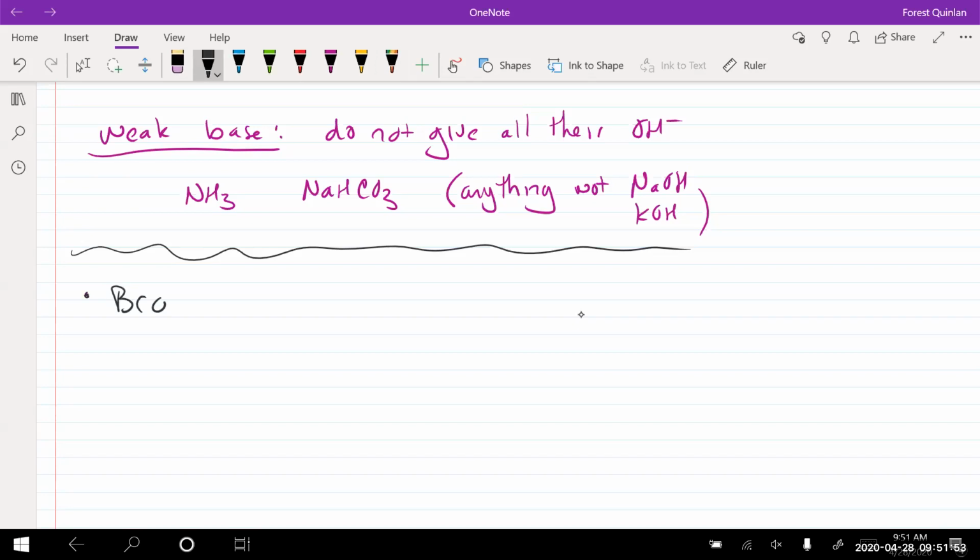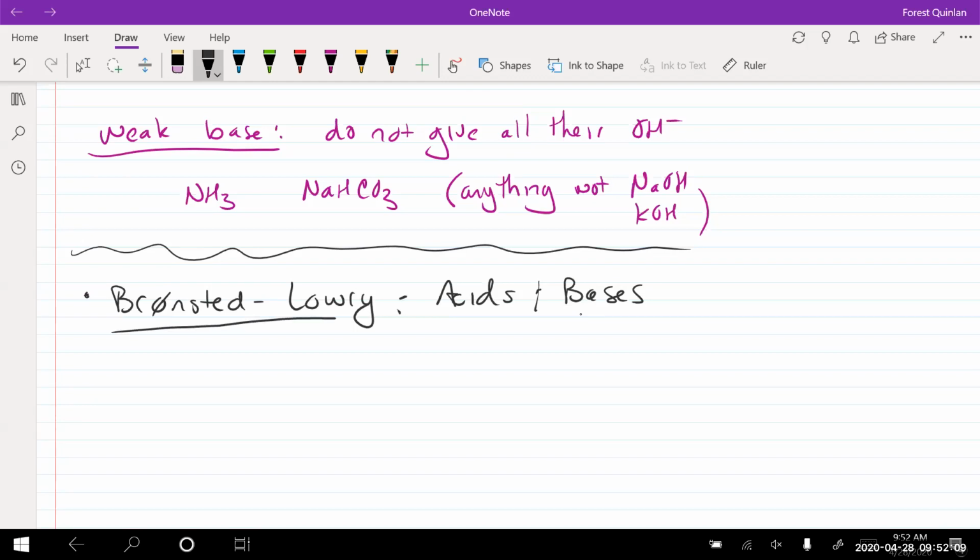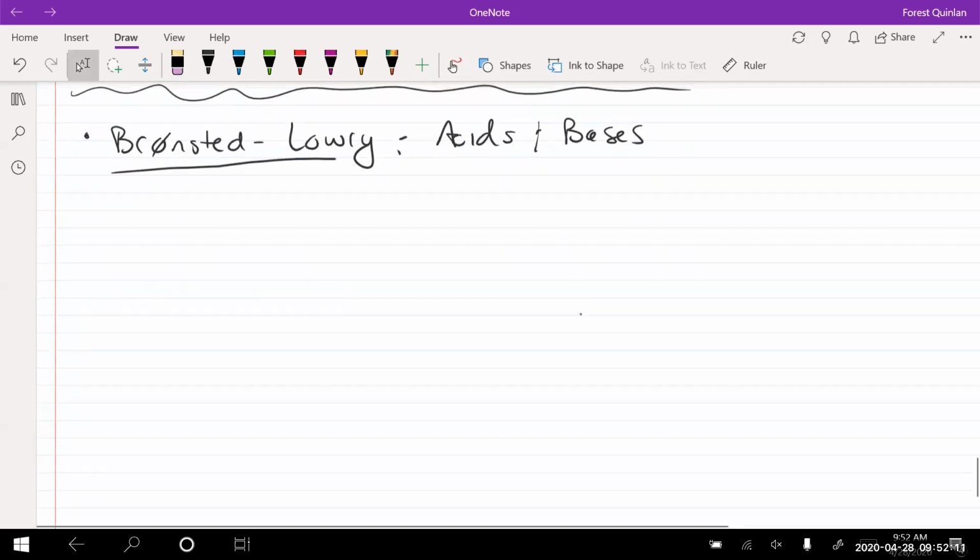Bronsted, Lowry, acids and bases. They said, I like Arrhenius's definition, but we got to go one step further.